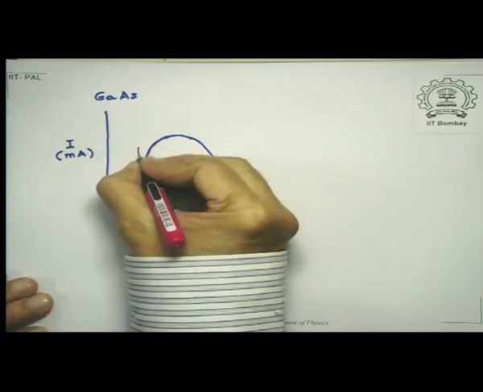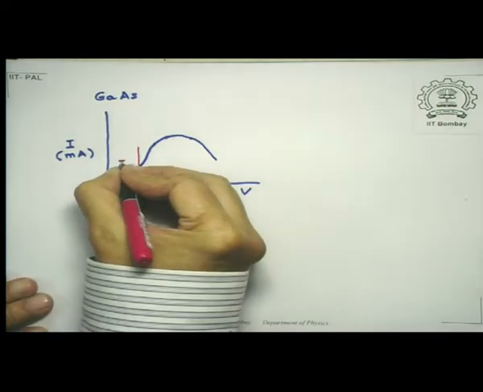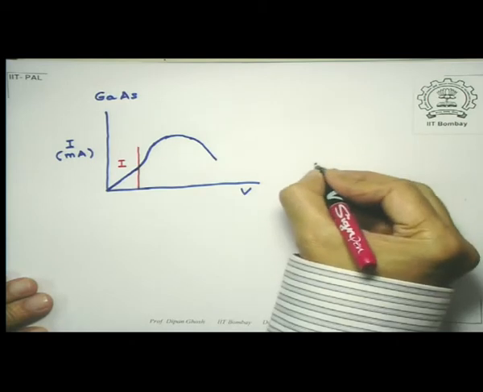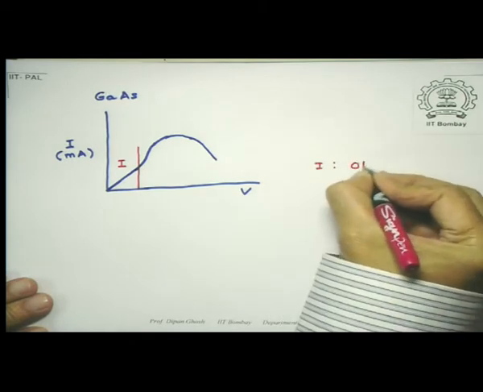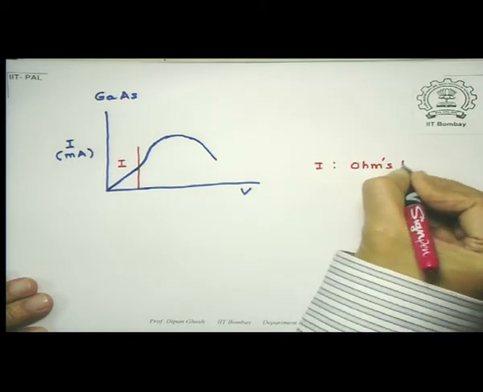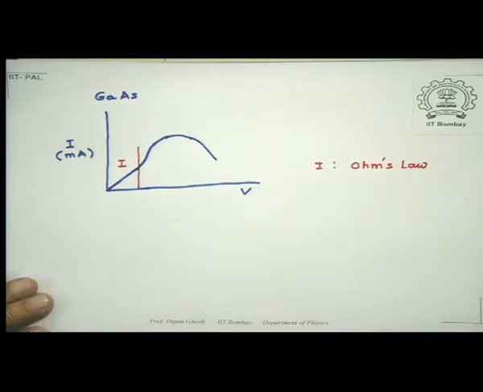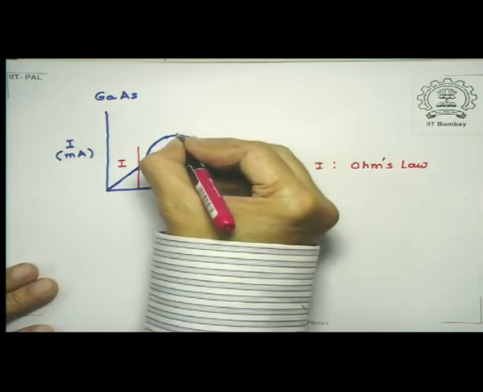So I have 3 regions here. This is my region 1, and this region 1 follows Ohm's law. Region 2 is a nonlinear region.